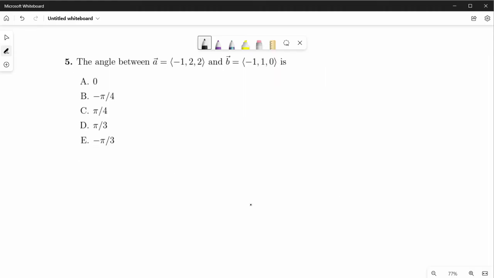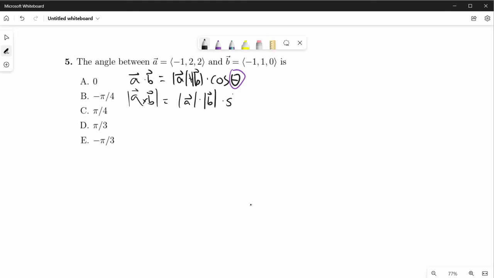For number 5, we have two vectors and we try to find the angle between. So there's really two general ways of doing this, right? You can use dot product, which is the length times each other times the cosine of the angle in between, or you can use cross product, which is the length multiplied by each other by the sine of the angle between.